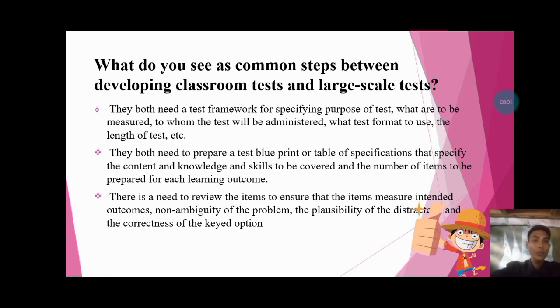There is a need to review the items to ensure that the items measure intended outcomes, the non-ambiguity of the problem, the plausibility of distractors, and the correctness of keyed options.